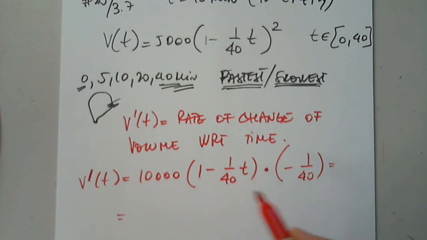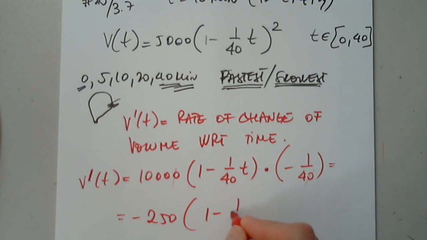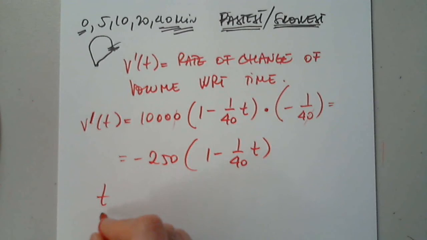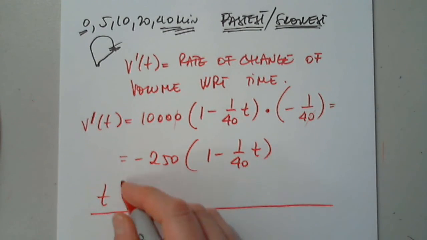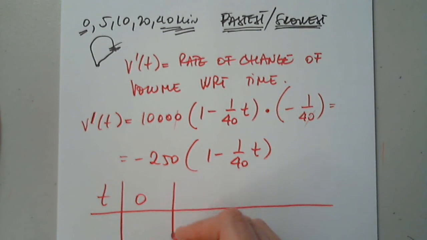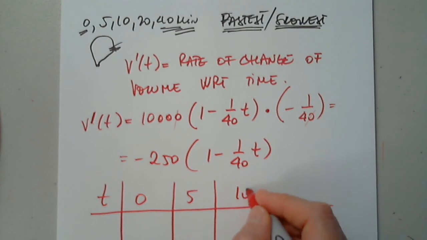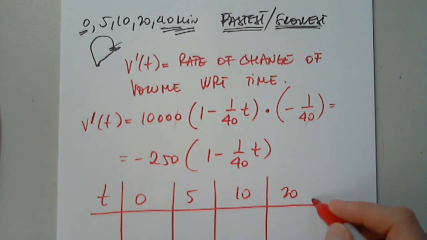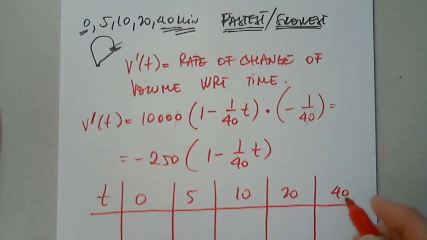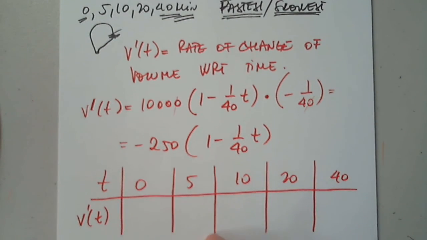So then this becomes, I'll simplify, 10,000 divided by 40 is 250. So V prime of t equals -250 times (1 minus 1 over 40 t). That's it. t equals 0, 5, 10, 20, 40, and V prime of t.